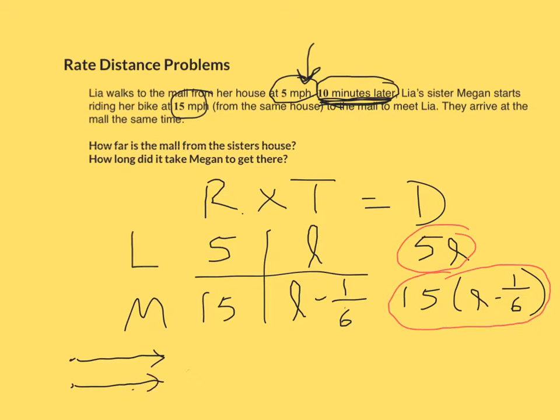So what is the relationship between their 2 distances? They're equal. So 5L equals 15 times L minus 1 over 6. That's not a system, that's just an equation in one variable. I'll leave that for you to solve.